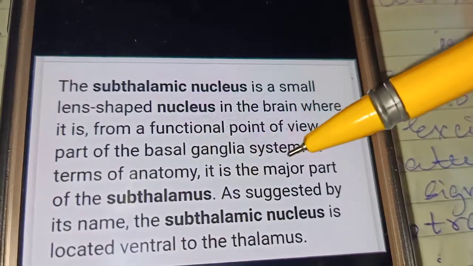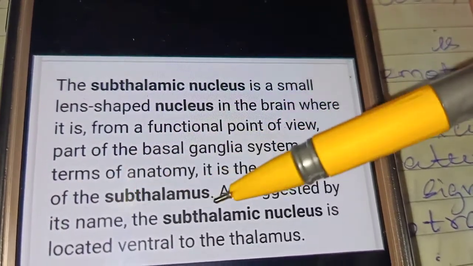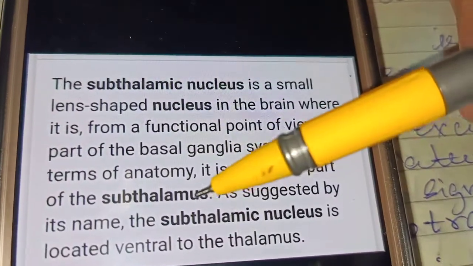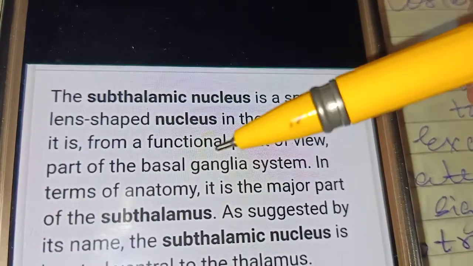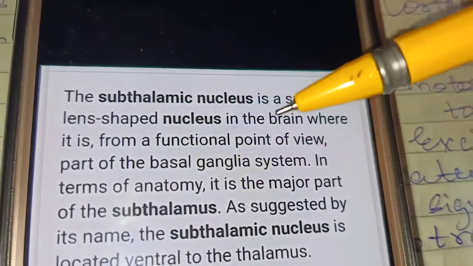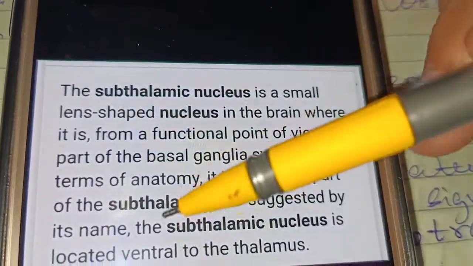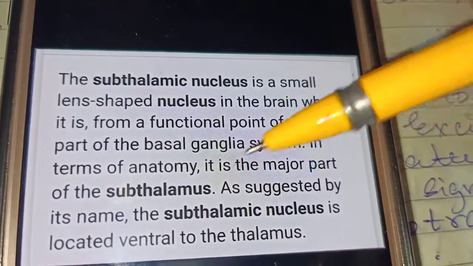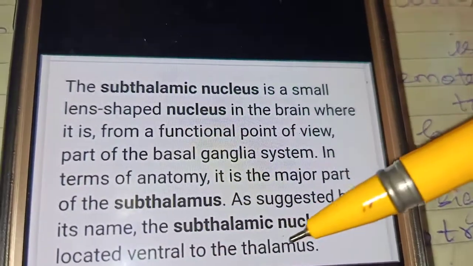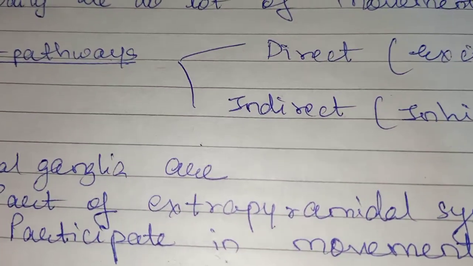In terms of anatomy, it is a major part of the subthalamus. The subthalamic nucleus is located ventral to the thalamus.